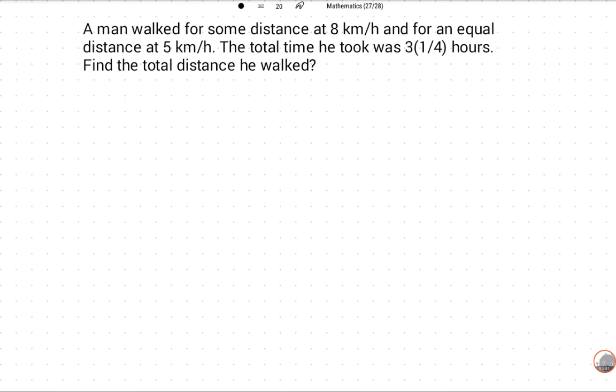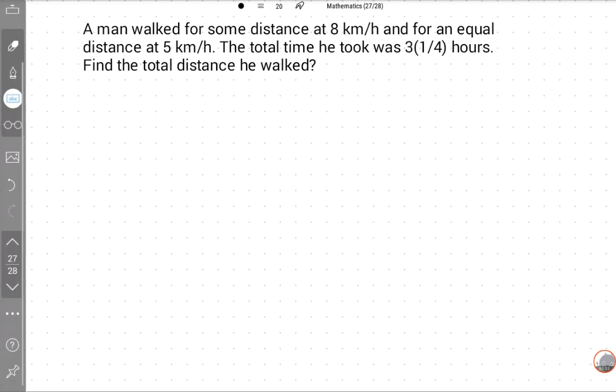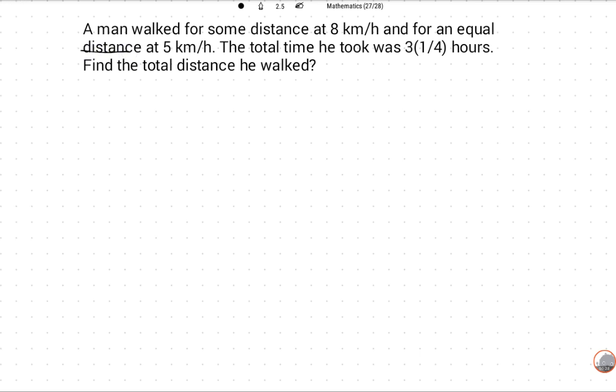First of all, we will discuss the techniques of this confusing question. Read this question carefully many times if required. Question: a man walked for some distance at 8 km per hour and for an equal distance at 5 km per hour.